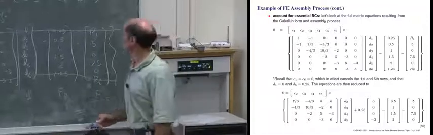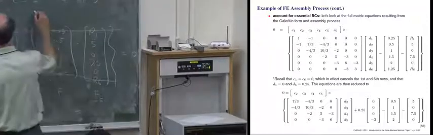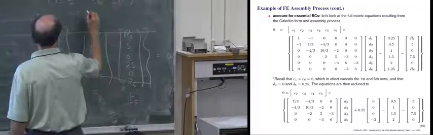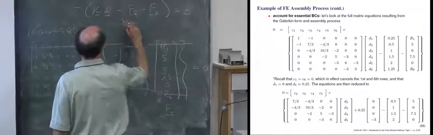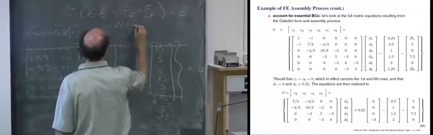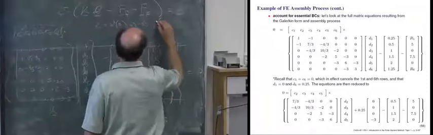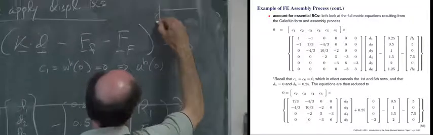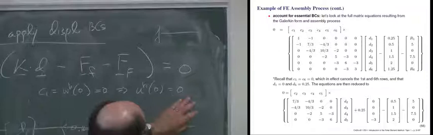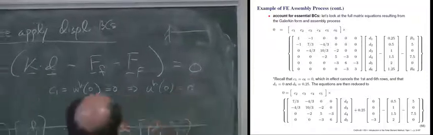Yes? Sorry, one more time. Why are C1 and C6 0? Oh, so C1 is equal to W^h at 0, and this equals 0. Why does this equal 0? It's because u^h, the displacement at the left end of the bar, in this case is 0, but that's not important. What's important is this equals some known number.